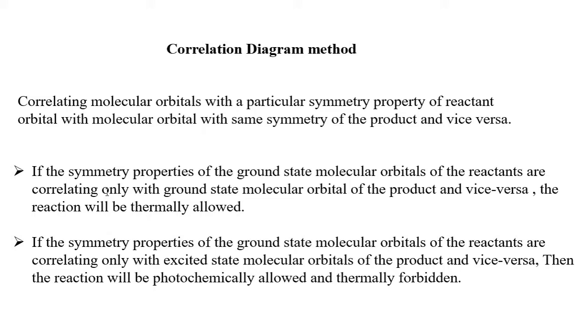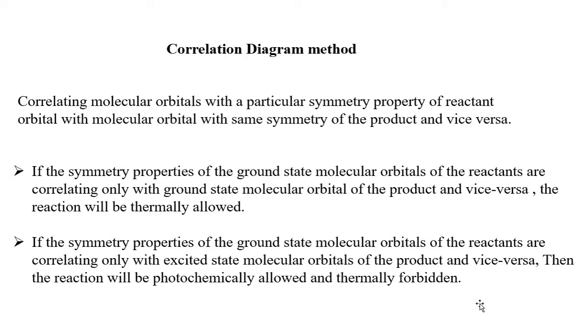But if the symmetry properties of the ground state molecular orbitals of the reactants are correlating only with the excited state molecular orbitals of the product and vice versa, then the reaction will be photochemically allowed and thermally forbidden.